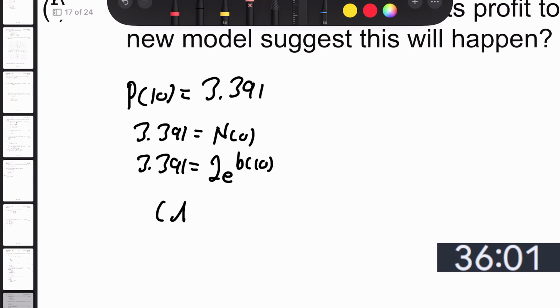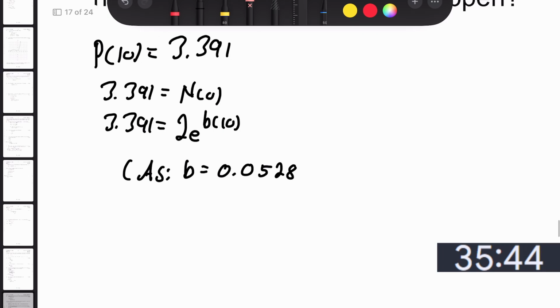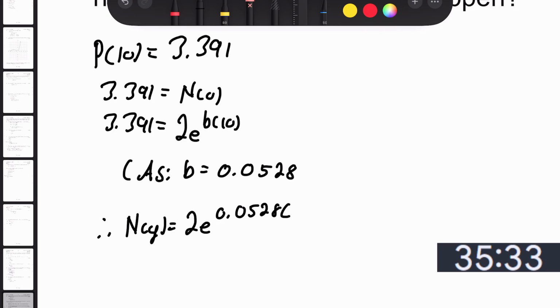I accidentally spat on my iPad screen. b is equal to, solve 2e to the 10 of x, 0.0528, and therefore n of y is equal to 2e to the 0.0528 times 10 plus y.